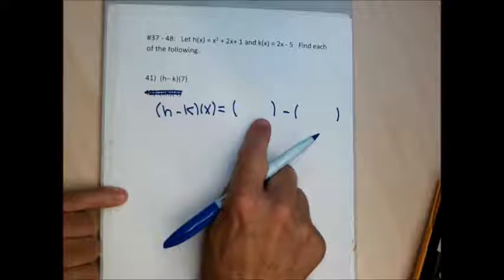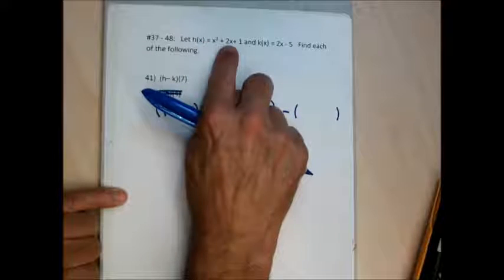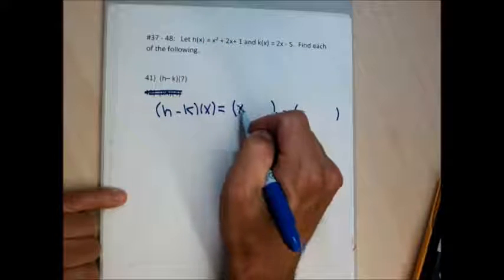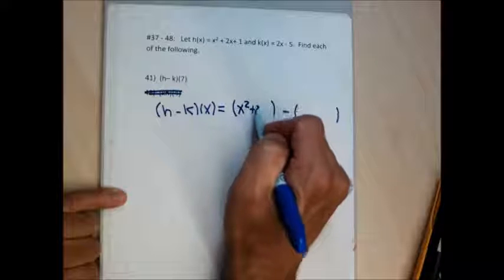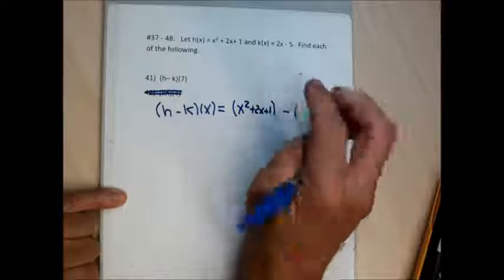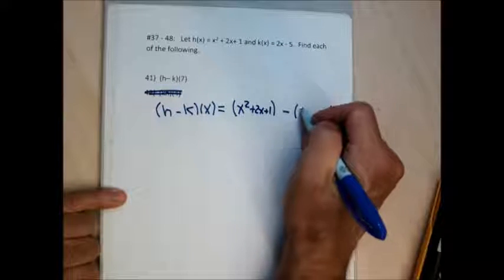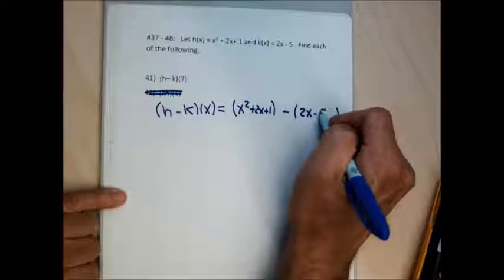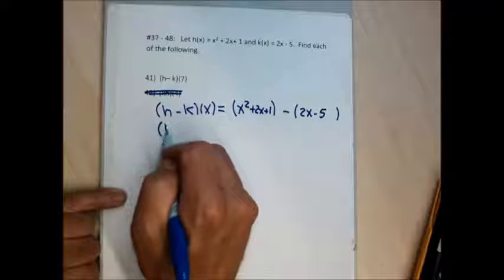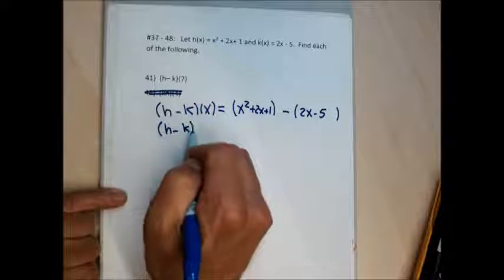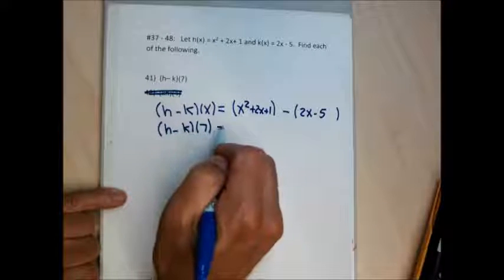In the first parentheses, I'm going to put something to represent the h, which is the x squared plus 2x plus 1. In the second parentheses, I'm going to put something to represent the k, which is 2x minus 5. If I wanted to, I could clear the parentheses and combine like terms, but that's just doing more work than I have to.